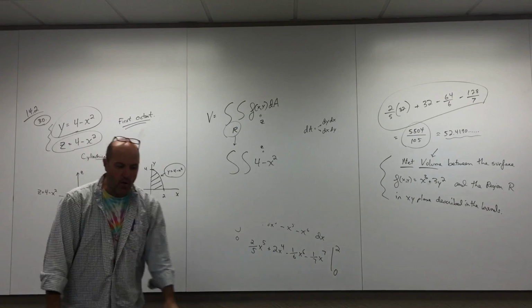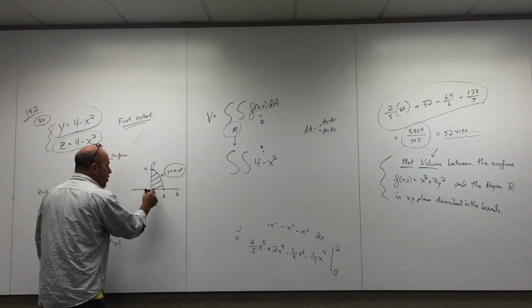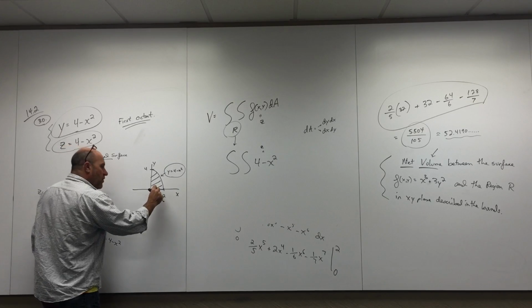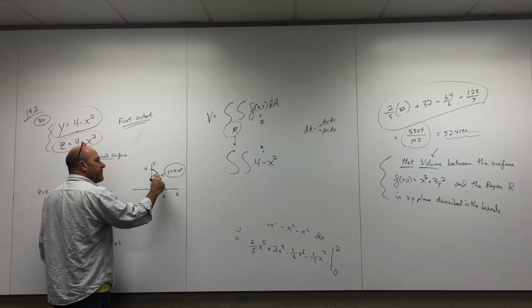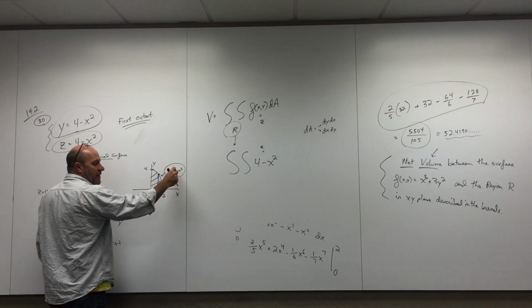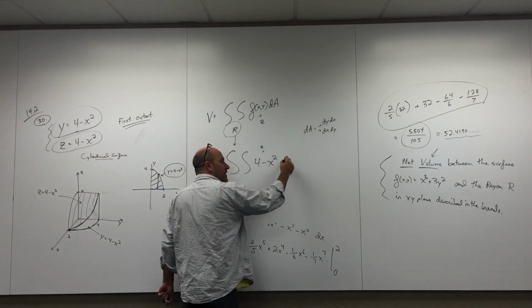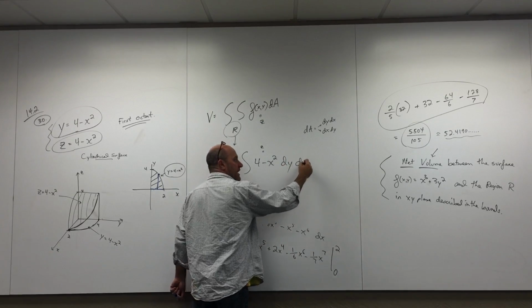So if we let y go first, who is the lower y? y equals 0. Who's the upper y? 4 minus x squared. y equals 4 minus x squared. So I decided I'm letting y go first. I'm going to do x next.